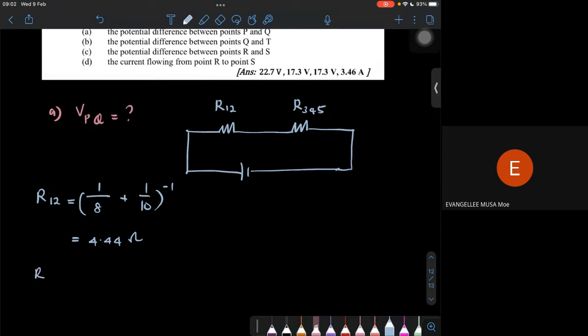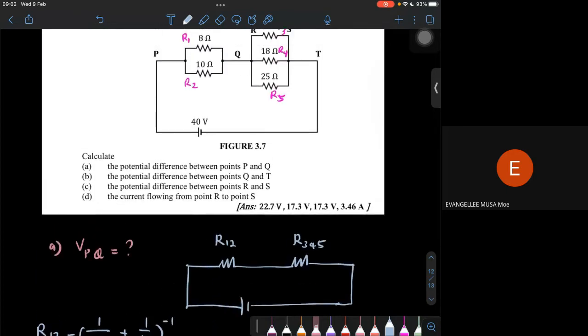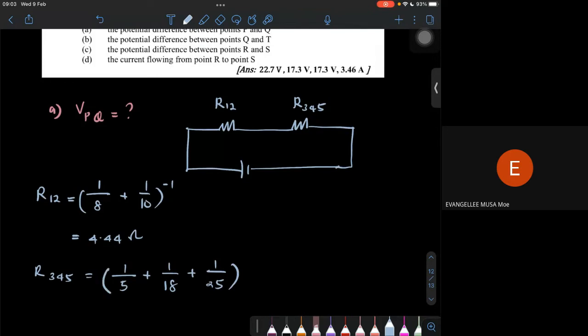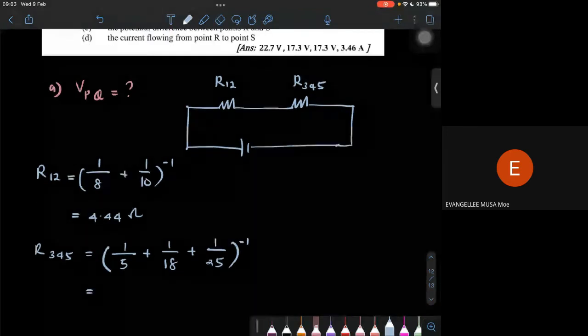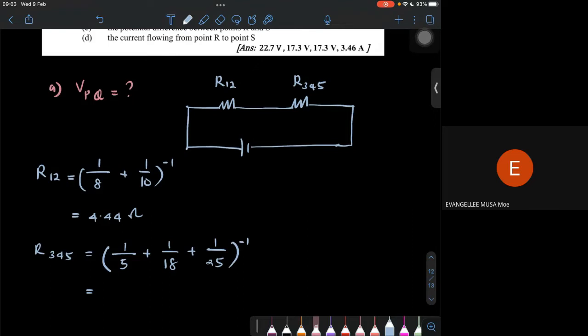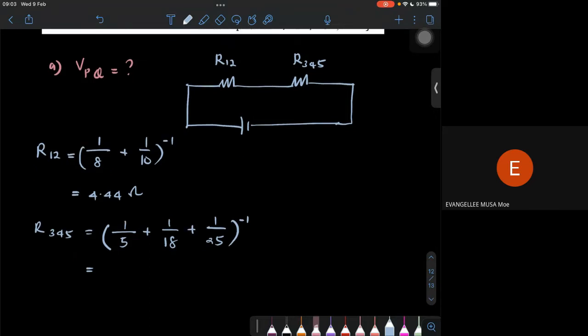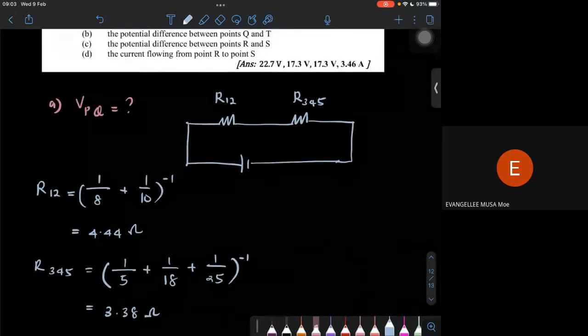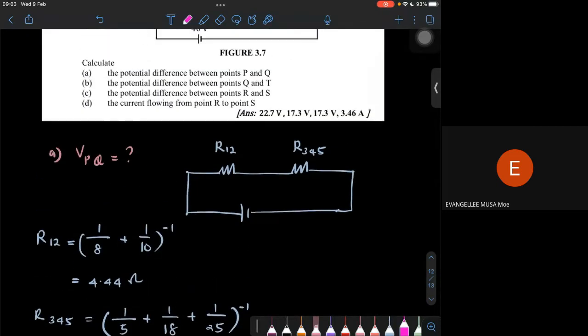And then R345, 1 over 5, 1 over 18, 1 over 25, equal to 3.38 ohm. Okay. So the circuit will look like this sebab kita sudah simplify.